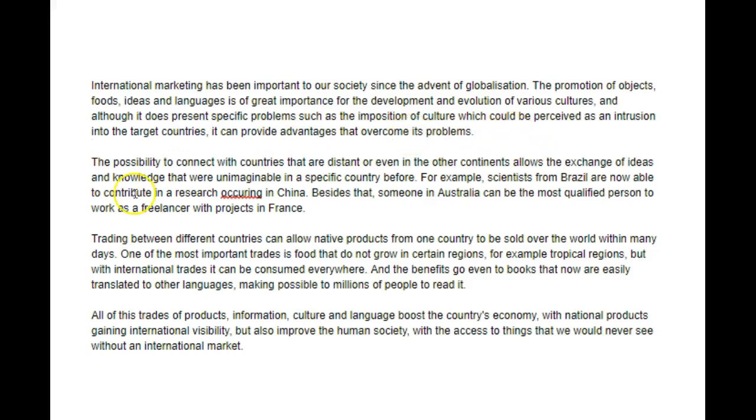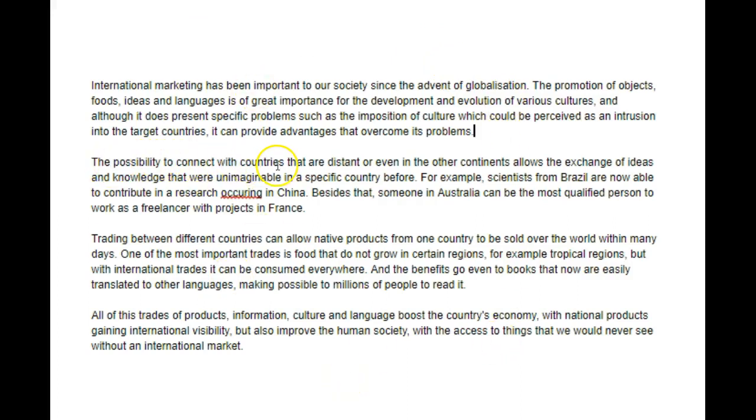So this now is an introduction that refers to international marketing instead of international trade or the international market itself. I may not be able to do this for the entire essay, but let's have a see.